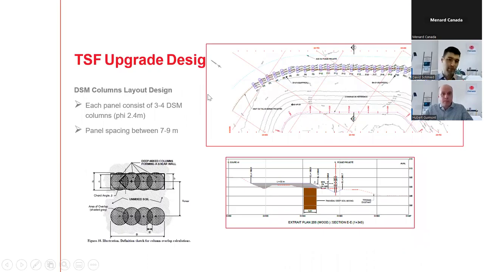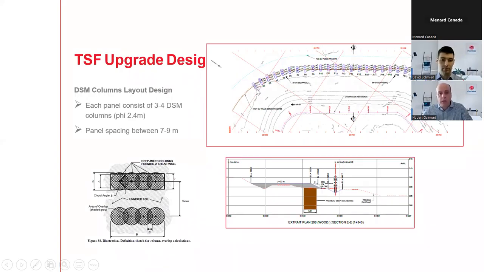So in the case we're talking about here at that mine site, what we performed was large shear panels at the toe of the embankment. Most of the panels consisted of 3 to 4 big columns.